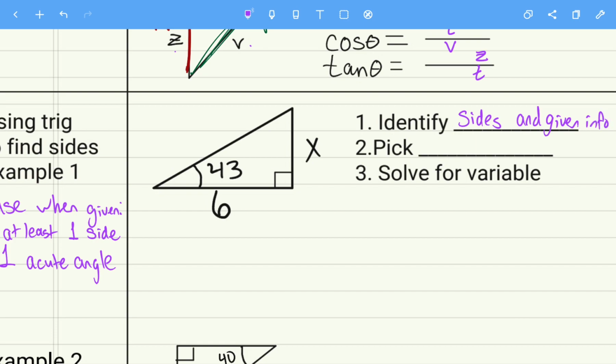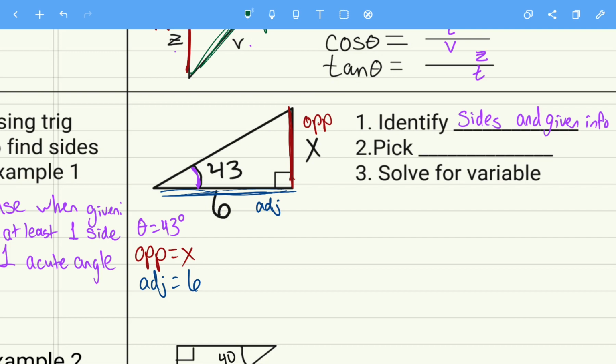So we are given our reference angle of 43 degrees. Our opposite is over here, and that is x. Our adjacent side is right here, and that is 6. We're not given anything else, so that is all the information we have and are looking for.